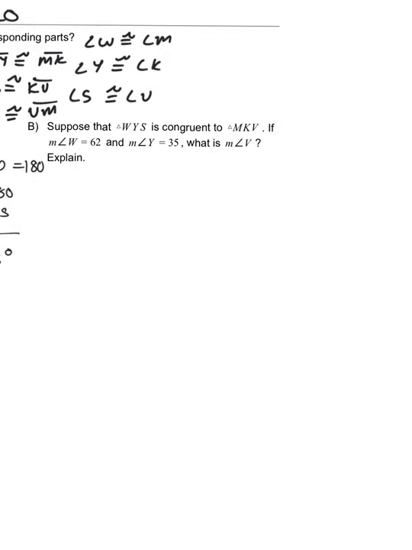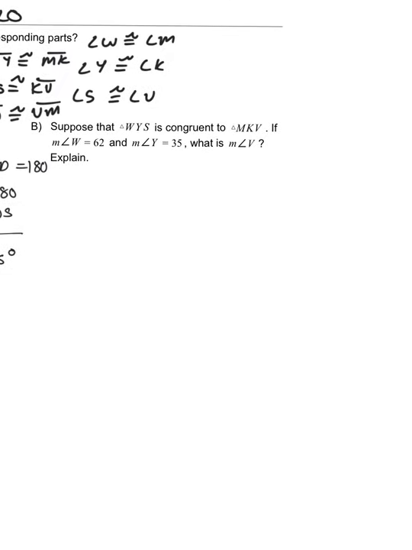And part B says, suppose that triangles WYS and MKV are congruent. If angle W is 62 and Y is 35, what is V? Okay, so remember, if triangles are congruent, then the corresponding angles are also congruent.